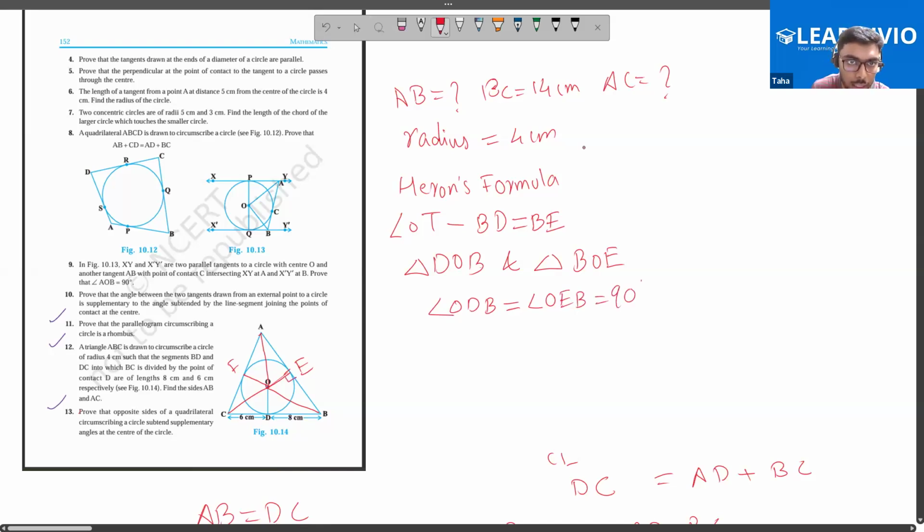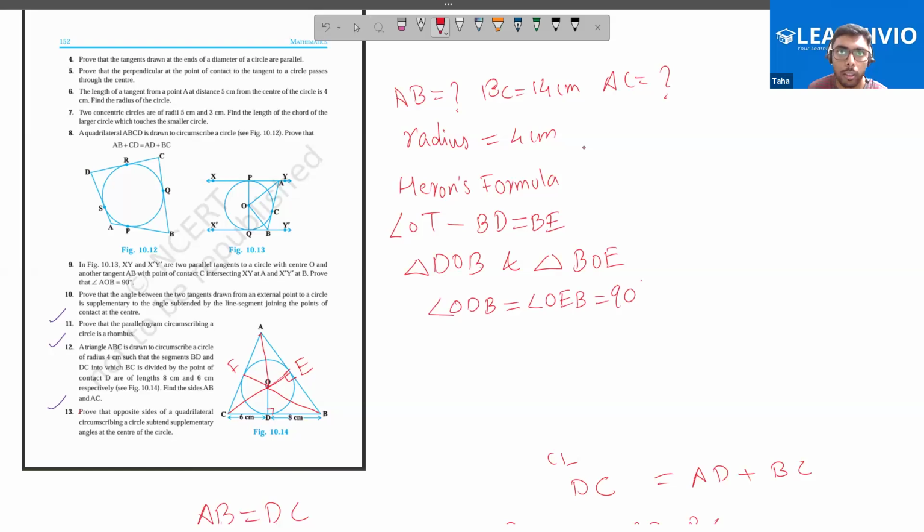Is this clear why these angles are 90 degrees? If it is not clear, do let me know. Okay, and then we can say that OB is the same side, right? OB is the same side, and then OD is equal to OE.